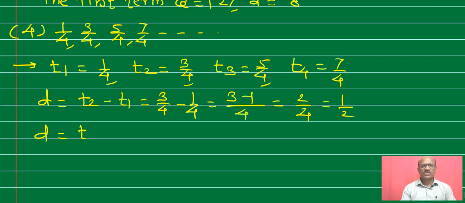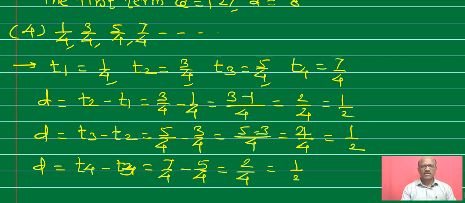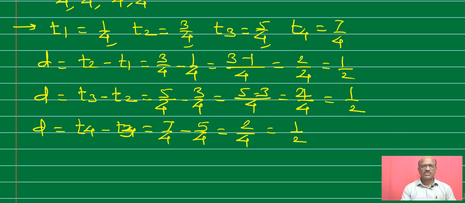Again D is equal to T3 minus T2, 5 by 4 minus 3 by 4, that is again 2 by 4, 1 upon 2. D is equal to T4 minus T3, 7 by 4 minus 5 by 4, again 2 by 4, 1 upon 2. The difference is constant. The first term A is equal to 1 by 4 and D is equal to 1 upon 2.